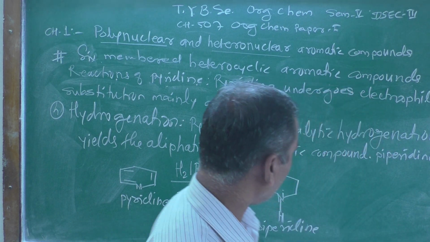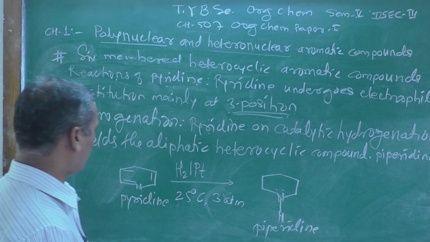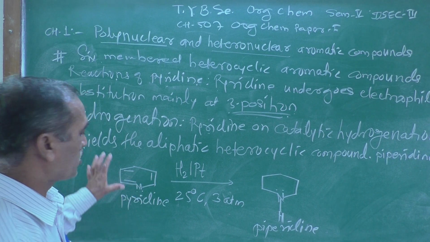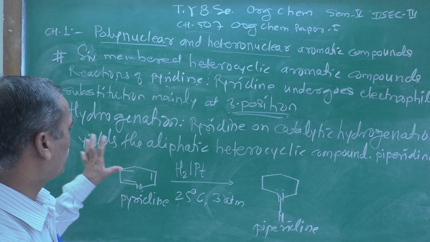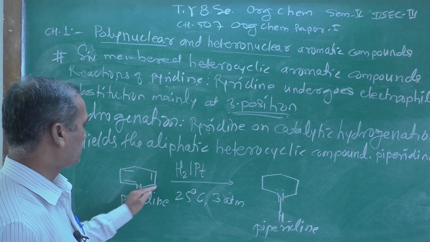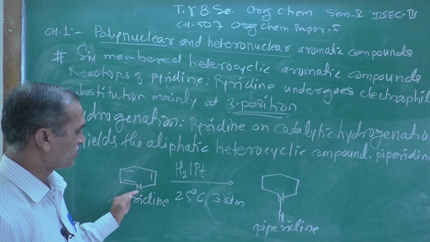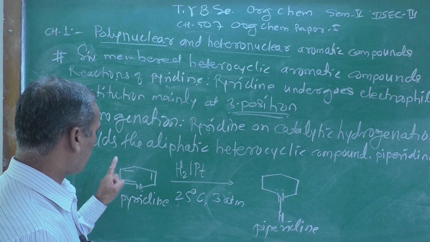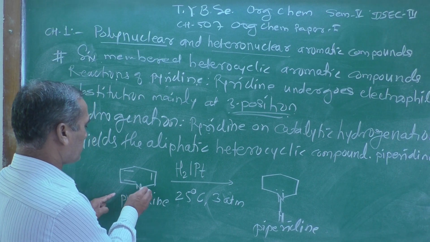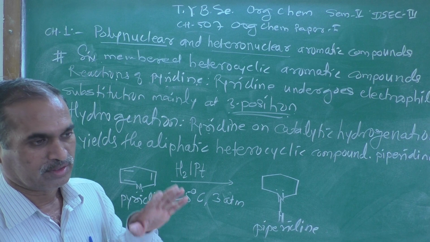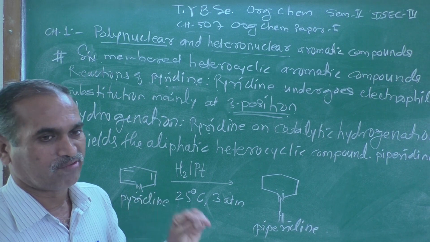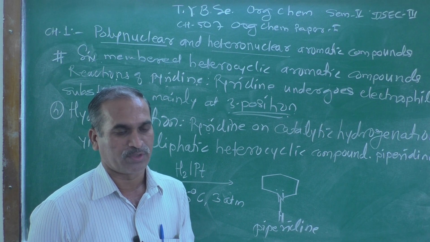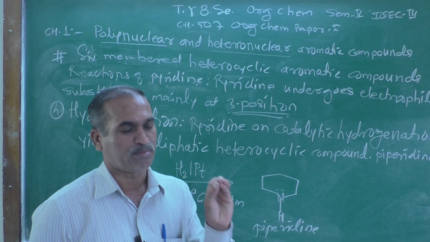Once again, let me tell you here why pyridine is basic in nature: because it fulfills Huckel's rule, it completes the sextet, there are 6 pi electrons, and the lone pair present on the nitrogen atom is freely available for donation, and therefore pyridine is basic in nature.